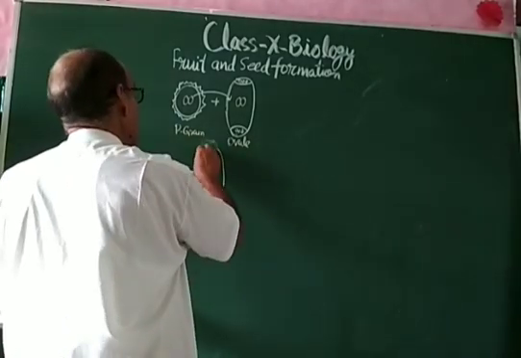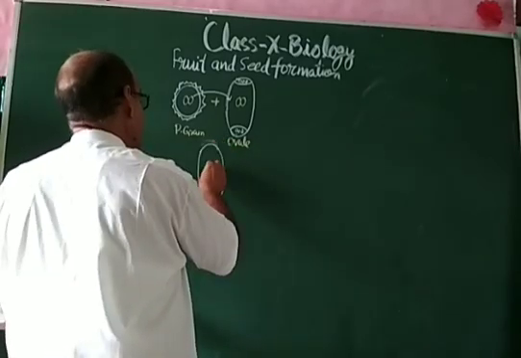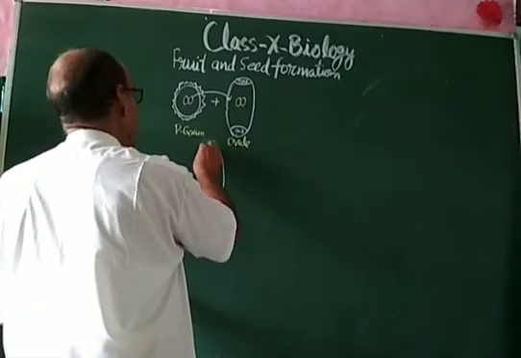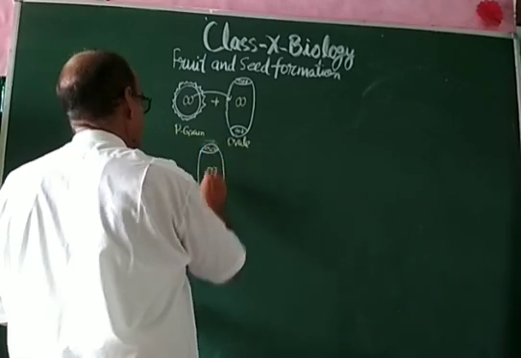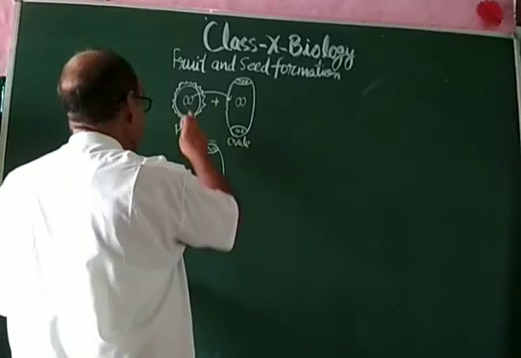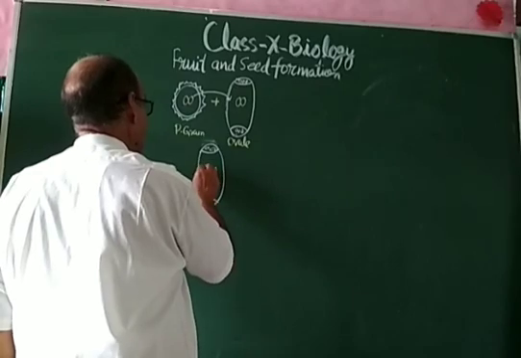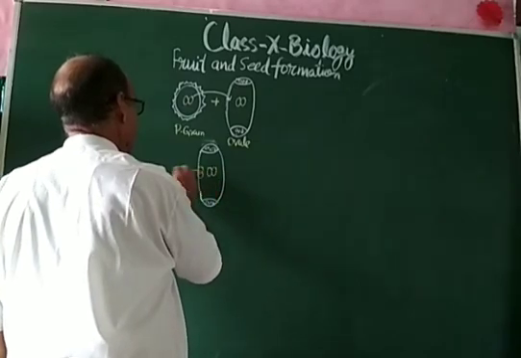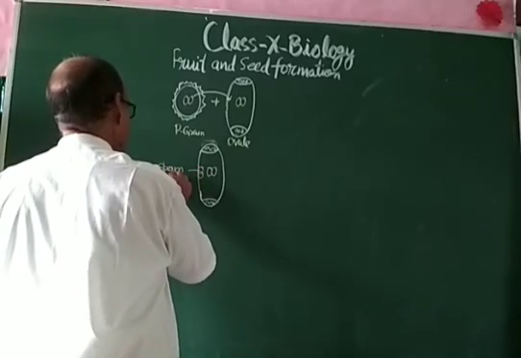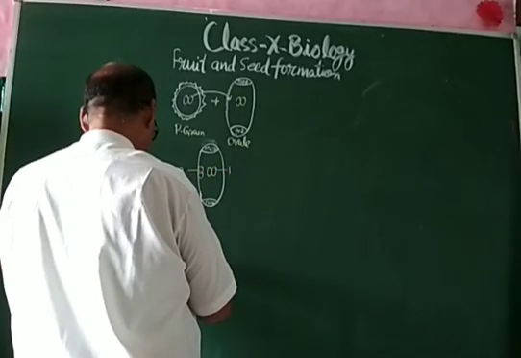This is the ovule, and these are the polar nuclei of the ovule. This is the egg nucleus. And the nuclei that come from the pollen grain are called sperm nuclei. These are the sperm nuclei, and these are the polar nuclei.